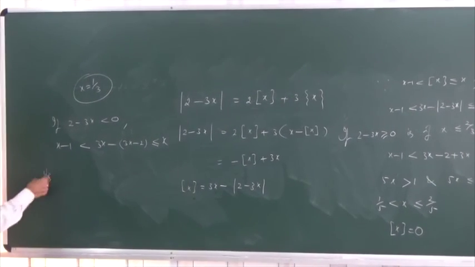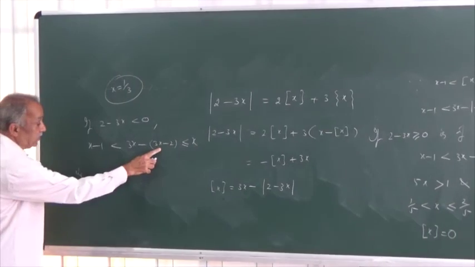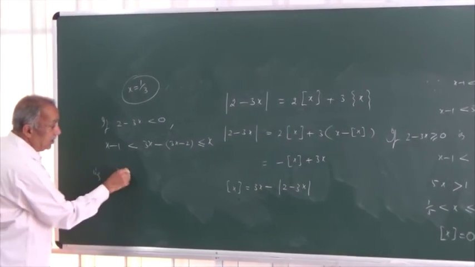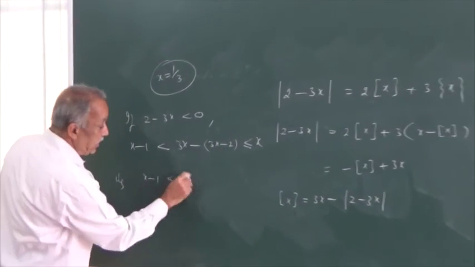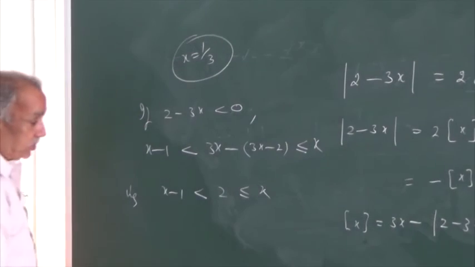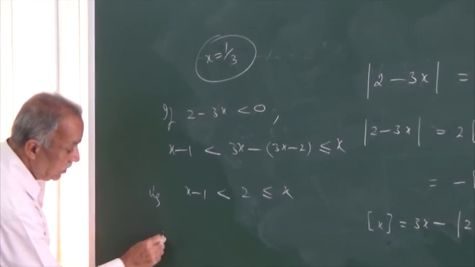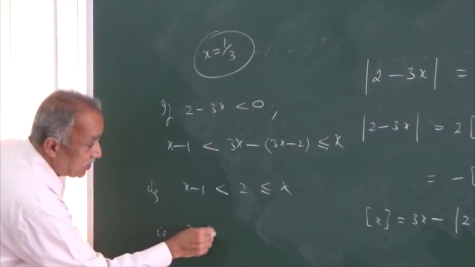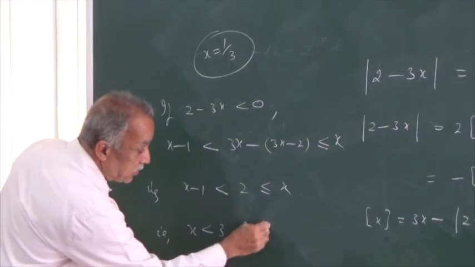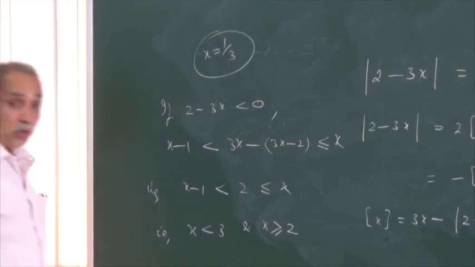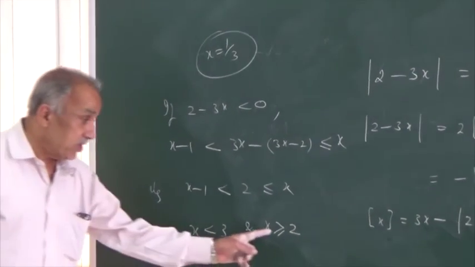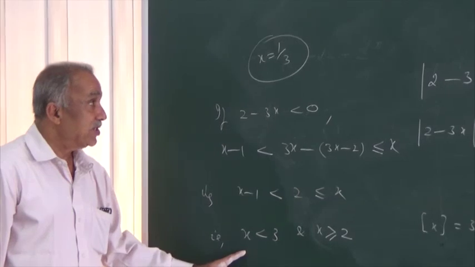This means 3x cancel, x minus 1 less than minus of minus 2 less than or equal to x. That is, x must be less than 3 and x must be greater than or equal to 2. X is greater than or equal to 2, less than 3.